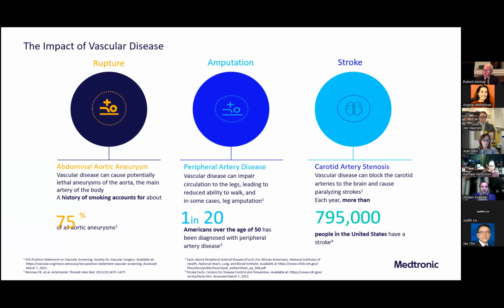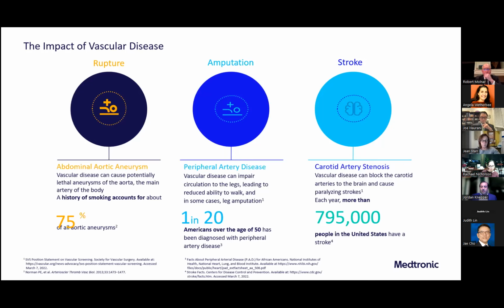As we all know, once again, smoking history accounts for our greatest risk factor for ruptured aneurysms. And in PAD, our main goal is amputation prevention. One in 20 people over the age of 50 will be diagnosed with PAD. If we can crosswalk some risk factors, we can really work to prevent amputation through targeted screening.